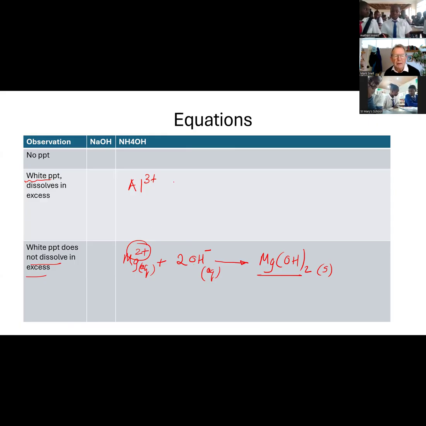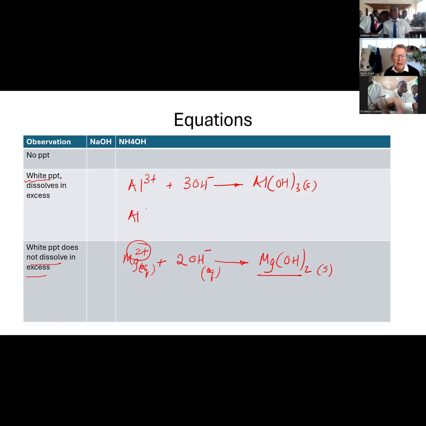How about aluminium? Well, aluminium is one of those with, sorry, I'm on the wrong slide, with ammonium hydroxide. With sodium hydroxide, aluminium does dissolve. So it will be plus, because it's 3 plus, 3OH minus becomes AlOH 3, and that's a solid.